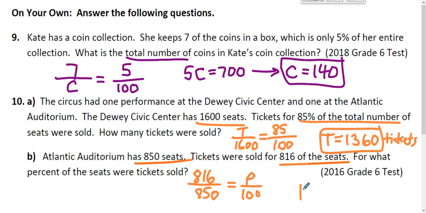And so you can do the cross multiplication yourself, but it is 96%. So these are the three kinds of questions: where we don't know the whole, where we don't know the part, and where we don't know the percent. These are the only three kinds of percent questions that can ever be asked of anyone, because those are the only three possible variables that exist in a percent problem.